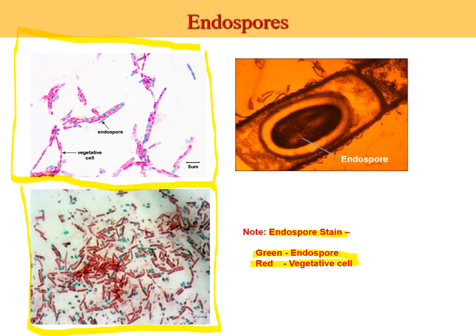Remember that it's shown better here that these endospores form inside each of the bacteria, and then the rest of the bacteria disintegrates away, and you see some spores down here that are free without any red vegetative cell around them.